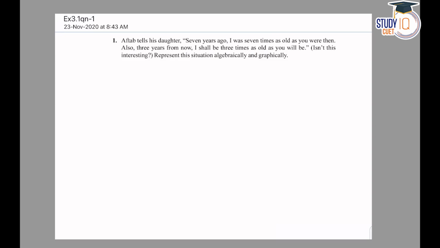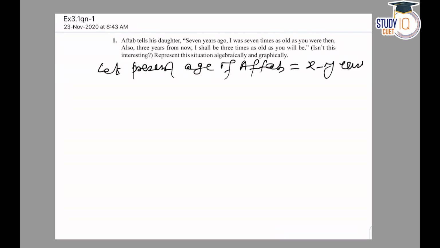For this, let present age of Aftab equals x years and present age of his daughter equals y years.